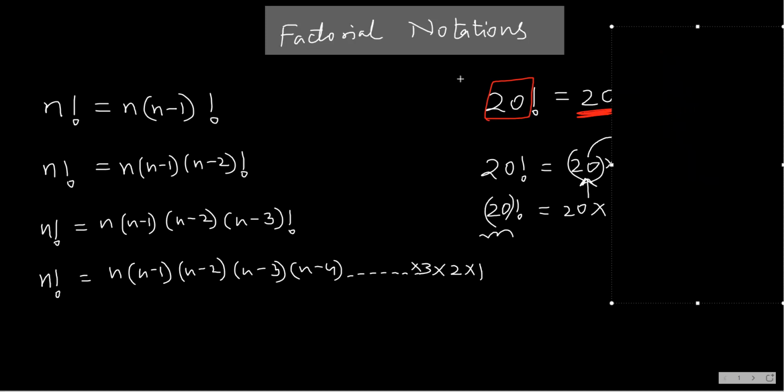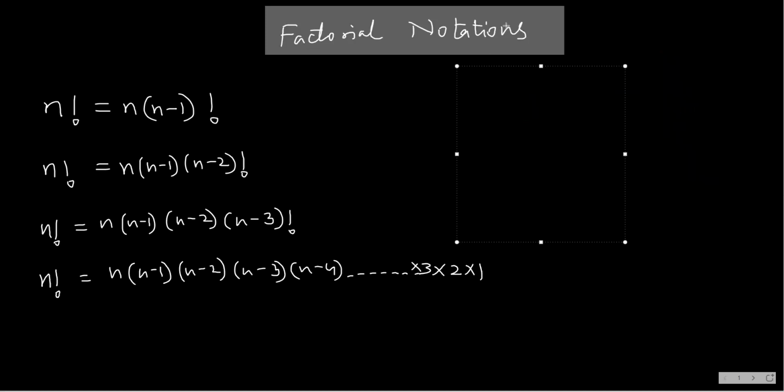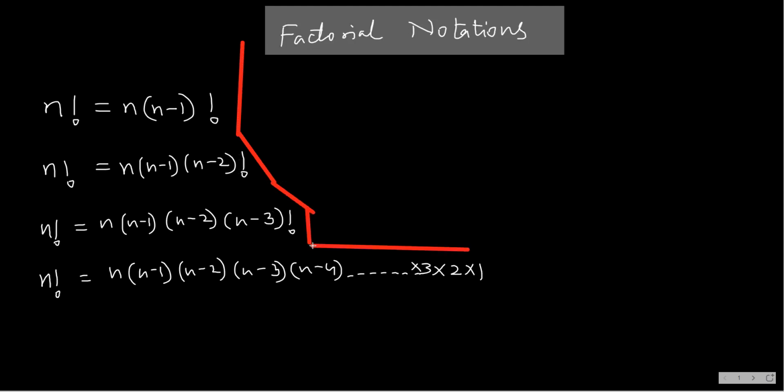Now see, students, something which is applicable for n, remember it is applicable for all other such types of numbers. What I mean is, suppose I replace this n by n plus 1, then what will happen?